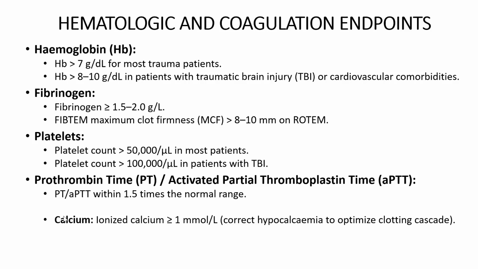Less than 50,000 in any patient of trauma, reserve your platelets, and keep a very close monitoring. Probably a 6 hour or a 4 hour platelet monitoring would be good enough. If it goes below that, you might have to transfuse. PT-INR is supposed to be maintained with INR less than 1.5 and PT roughly less than 13 seconds. Your ionized calcium, I've already told you, should be more than 1 millimole per liter.